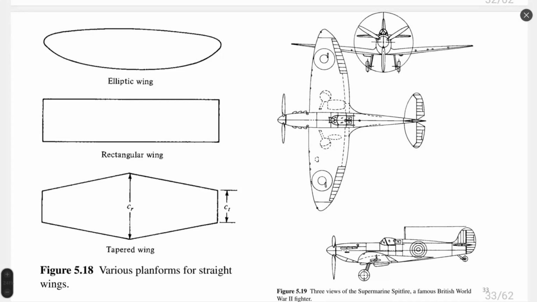So elliptic wings have several advantages, among which is a high value of lift, right? But several disadvantages, such as cost. In my opinion, there are also maybe some other disadvantages you can find in the literature. So if you find something interesting about this type of wing, please, I think everyone will be happy to hear and to know something new from this historical perspective.